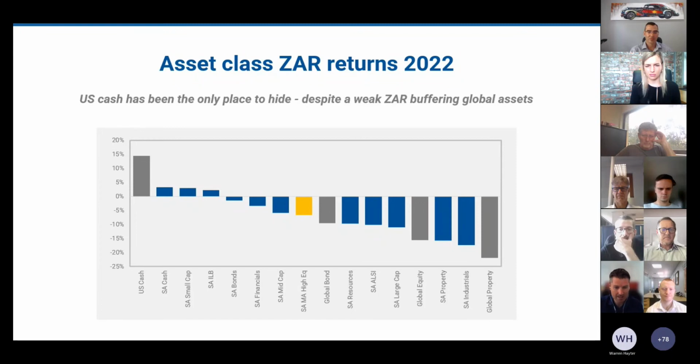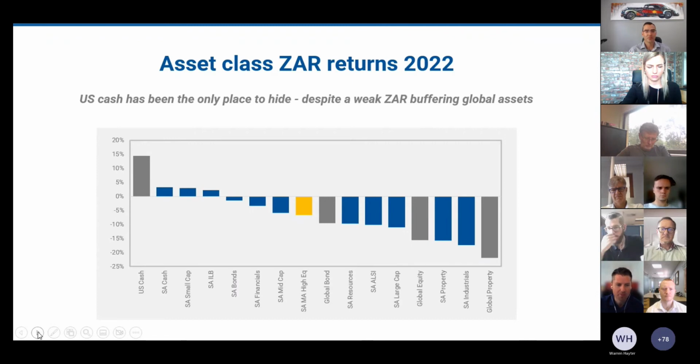Your global assets, even when you convert them back into rands, have been down. And so we can see that the average multi-asset high equity fund is down over 5%. So it has been a tough place to invest, and as we can show here, there's really been nowhere to hide other than, as mentioned, either dollar cash or a bit of SA cash.